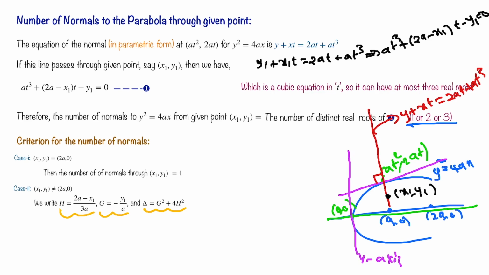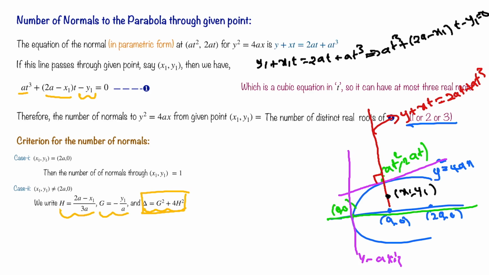Here 2a minus x1 is the coefficient of t and a is the coefficient of t cube, and minus y1 is the constant. So h is the coefficient of t by 3 times the coefficient of t cube, and g equals the constant by the coefficient of t cube. Then we compute delta as g square plus 4h square.